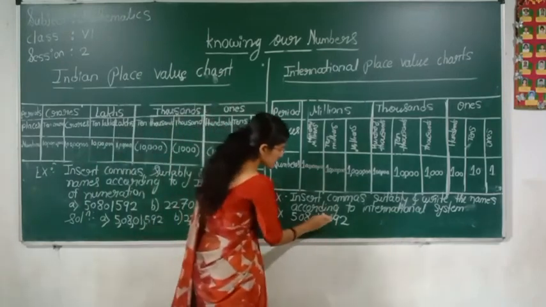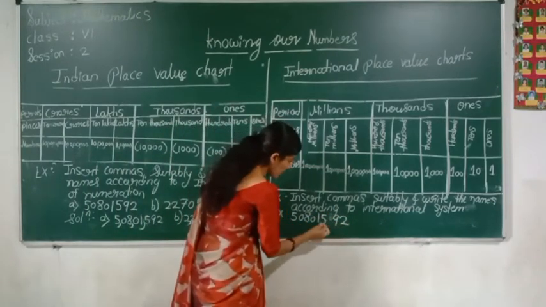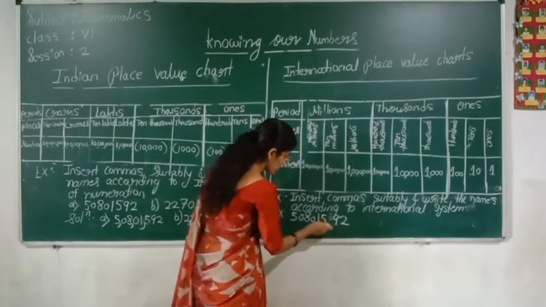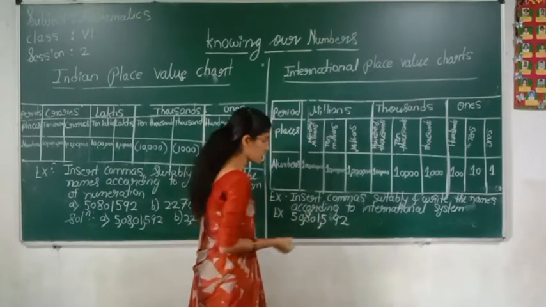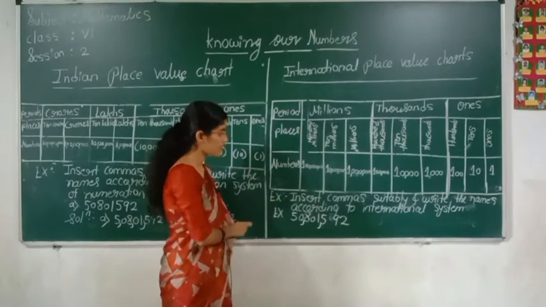See, in the international system how do we give commas? From the right side after every 3 digits. Now how are we going to read this number?